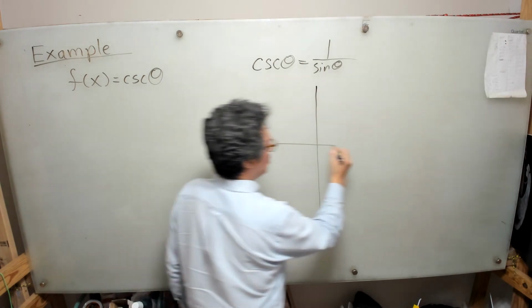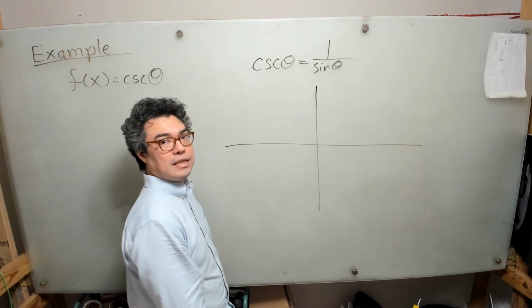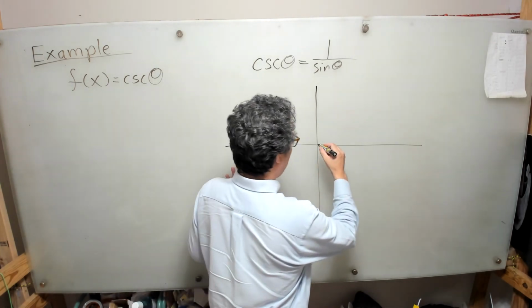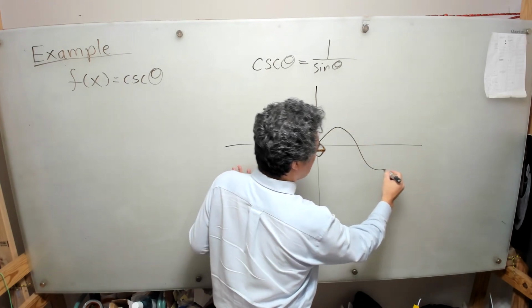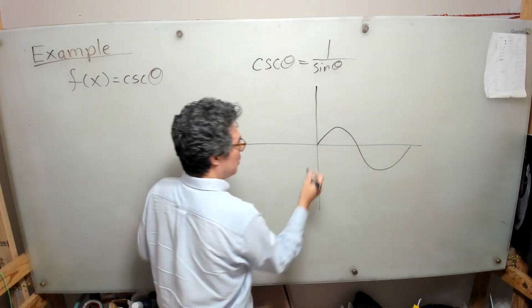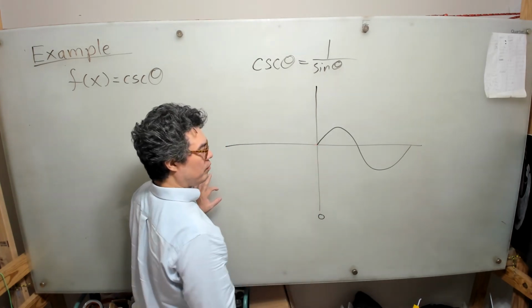And here, we're just going to summarize what we learned before. We know that the sine of theta has some points that are kind of like landmarks, right? So at x equals 0, the sine of theta is 0.